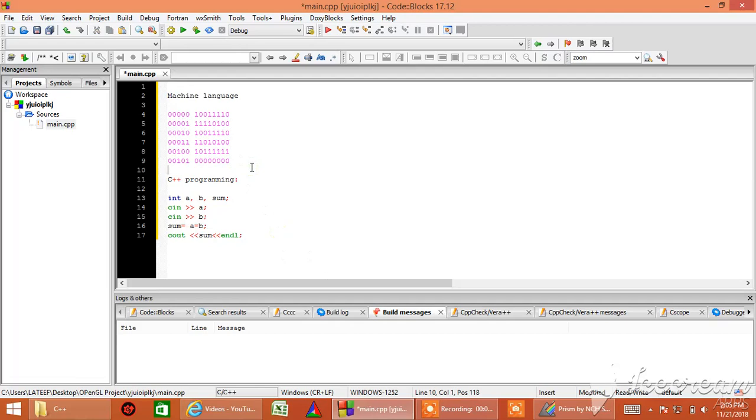Because a computer can only understand machine language and humans wish to write in high-level language, the program has to be translated into machine language at some point.